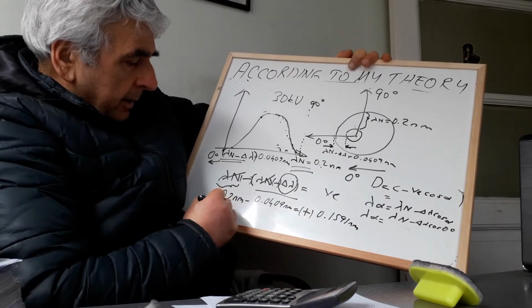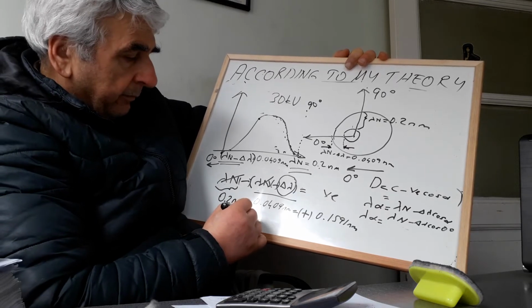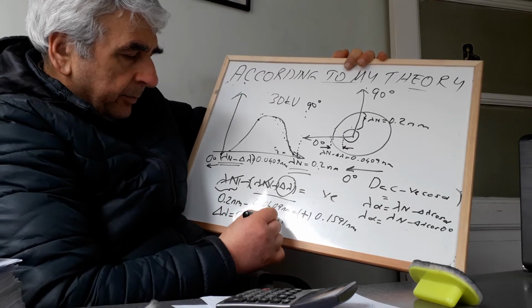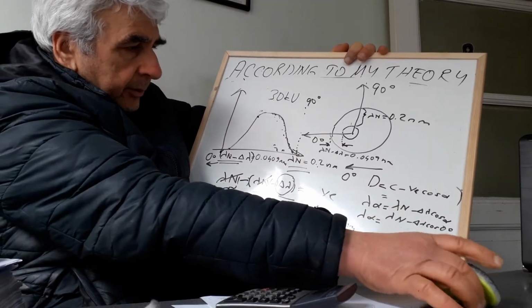Δλ is equal to 0.1591 nanometer. We understand that? Okay, we understand, I guess.